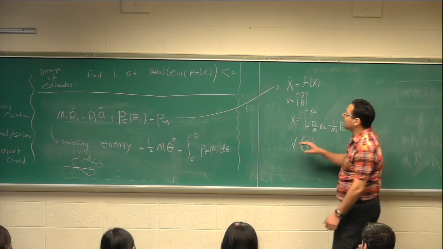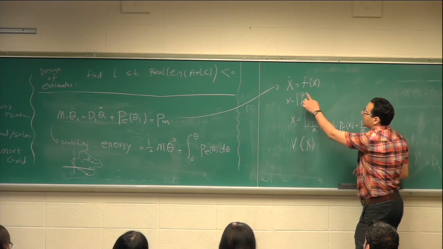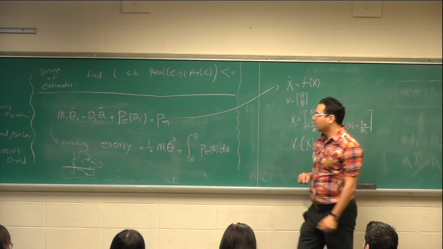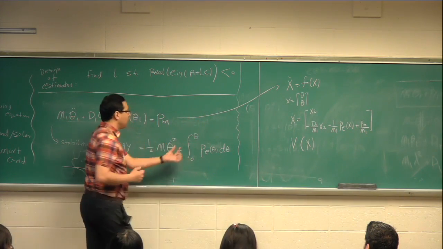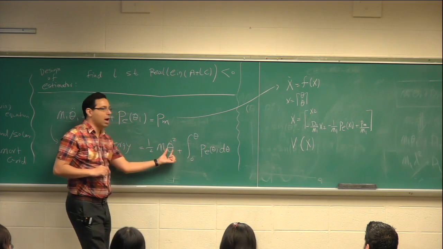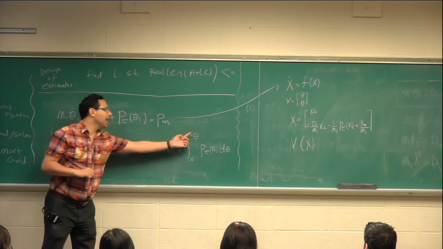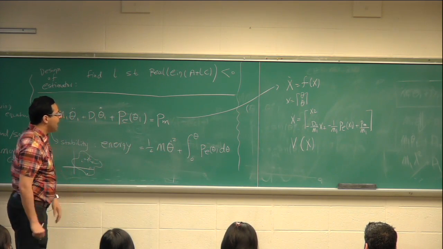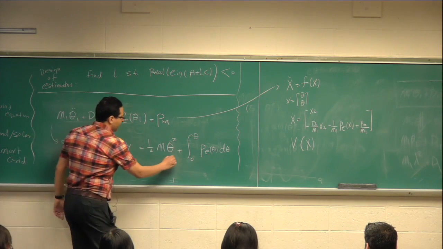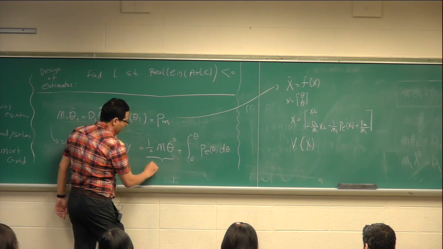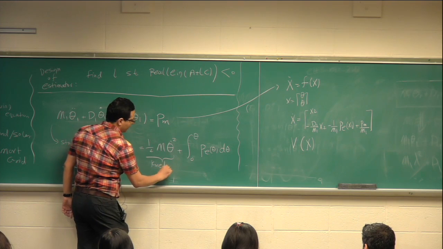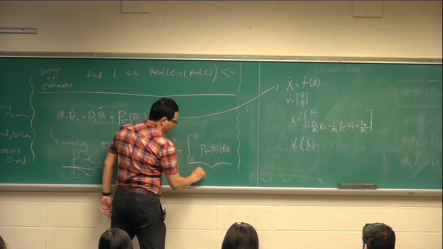And if you look at it carefully, energy should really be a function of theta and theta dot. That's why you see theta and theta dot here. And in fact, for people who do mechanics, you can show that this is kinetic energy, this is potential.